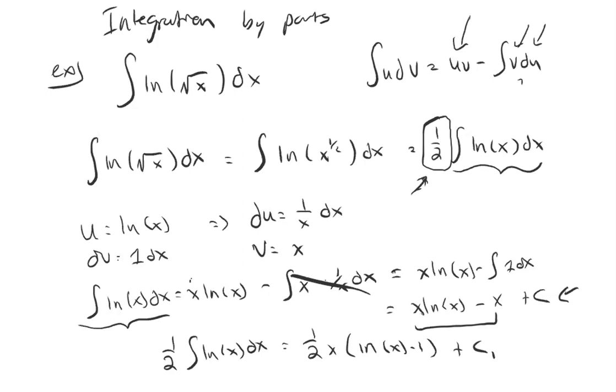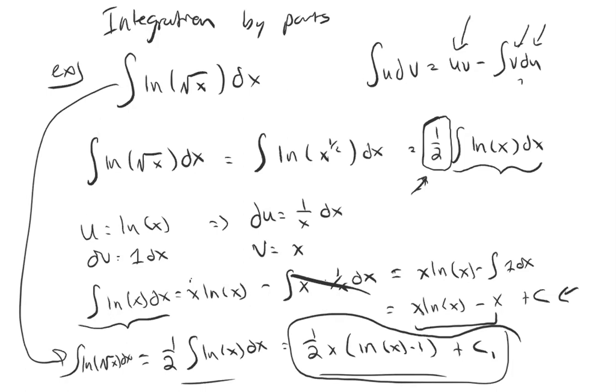It's worth noting though. Okay, so just to tie this back in, the integral of ln of square root of x dx is equal to this, and that's equal to this, which we found.